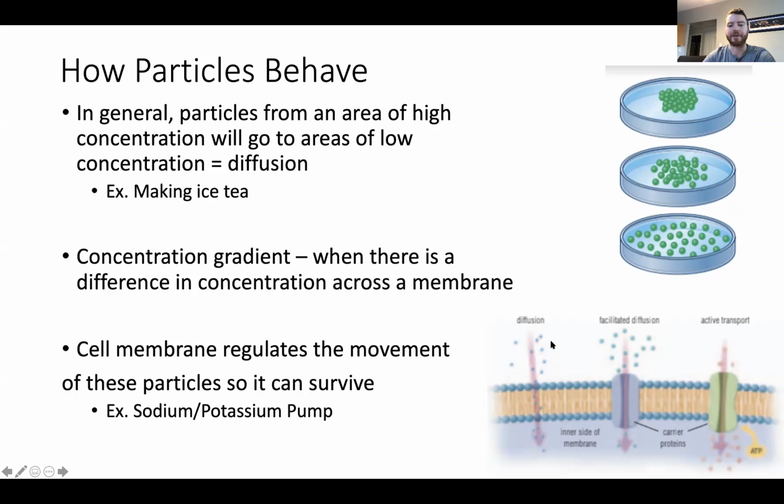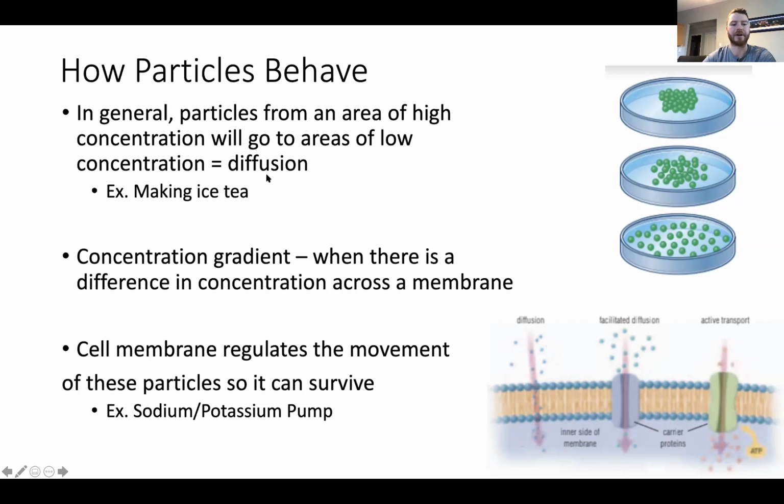Because of diffusion rules, naturally the particles are going to want to transport across that membrane, so there is no more concentration gradient. Things in nature always want to be at balance and not have concentration gradients.